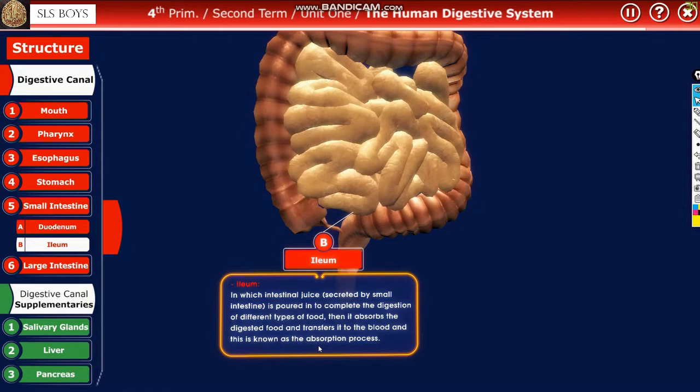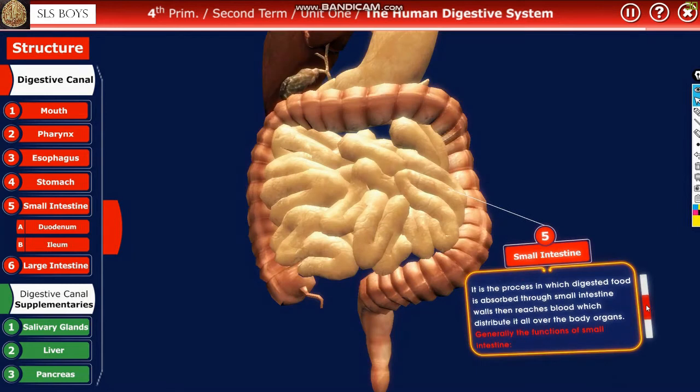The absorption process, which is going to be discussed later on, occurs inside the ileum. So the ileum carries out the digestion of different types of food and the absorption process.